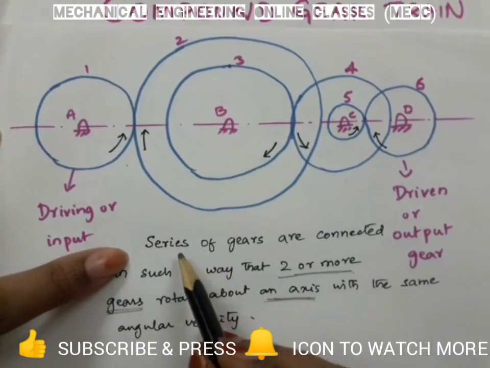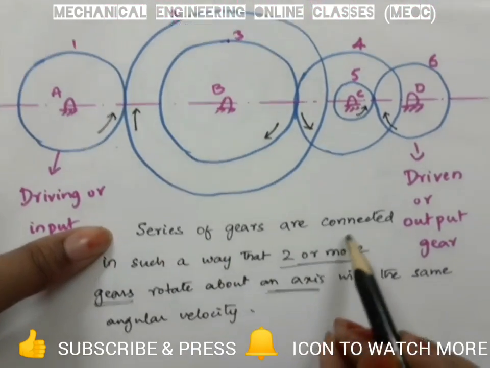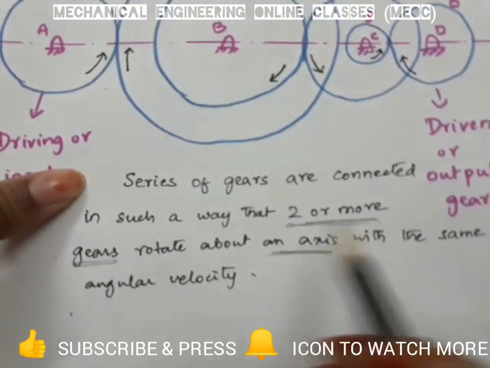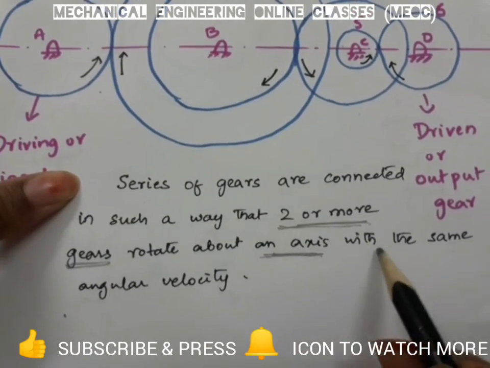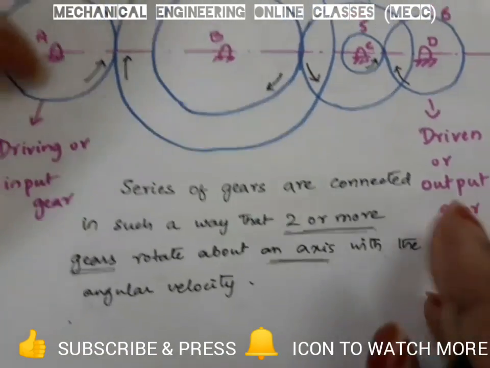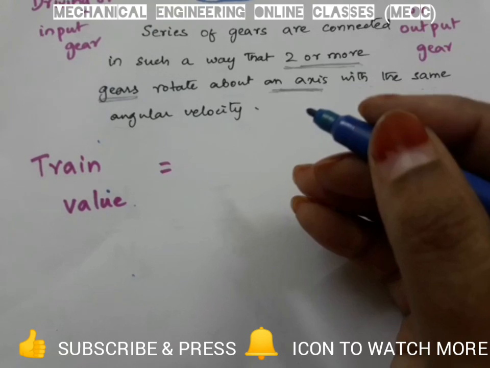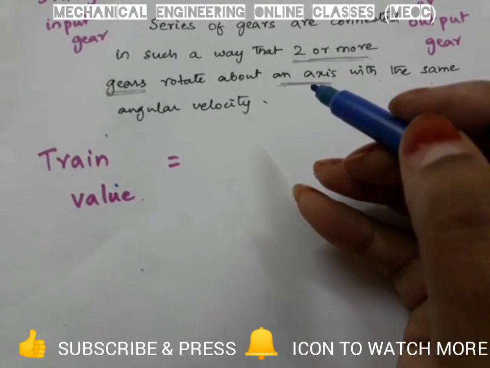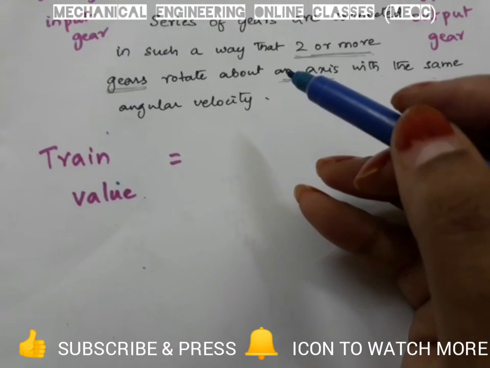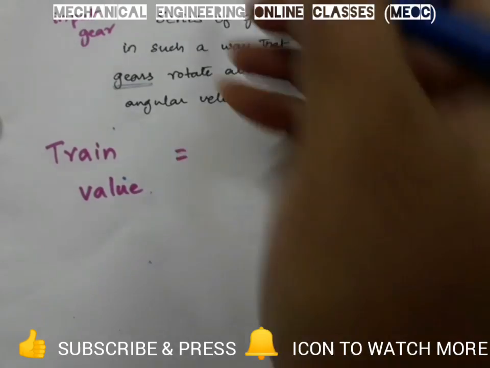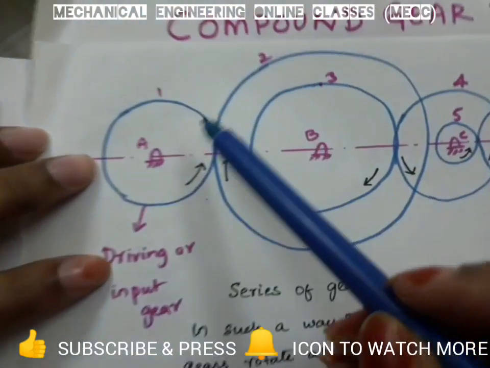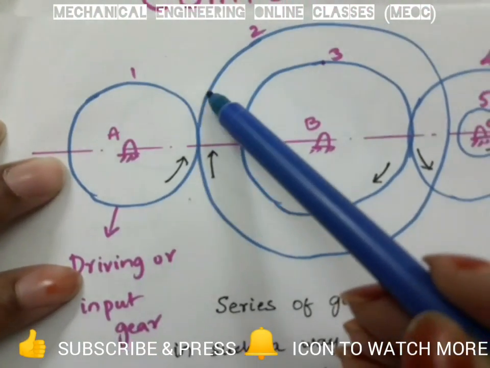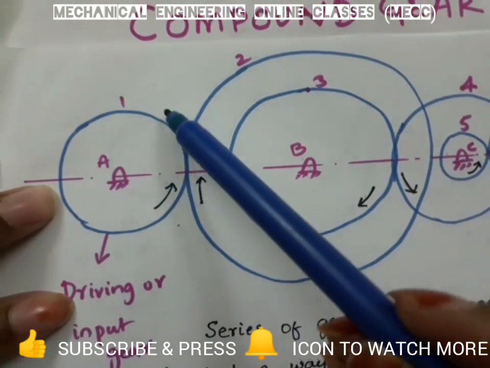So I will state the definition again: a series of gears connected in such a way that 2 or more gears rotate about an axis with the same angular velocity. Now we know that by definition the train value is the speed of the driven gear divided by the speed of the driving gear. Let us see the first combination of 2 gears which are mating with each other: gears 1 and 2.